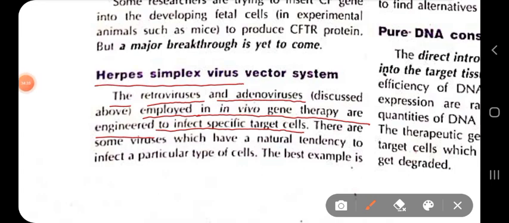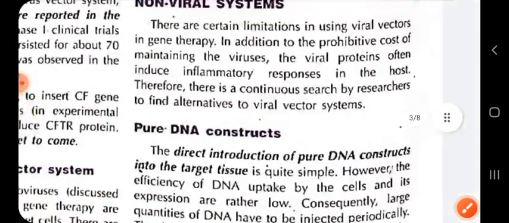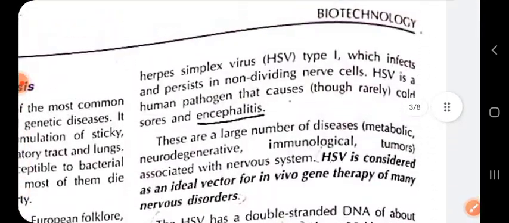They are modified, their genes are modified, so that they are able to infect specific target cells. But there are also some other viruses which have a natural tendency to infect a particular type of cells. So we can use such a virus to target that particular type of cells only. And the best example is your herpes simplex virus.